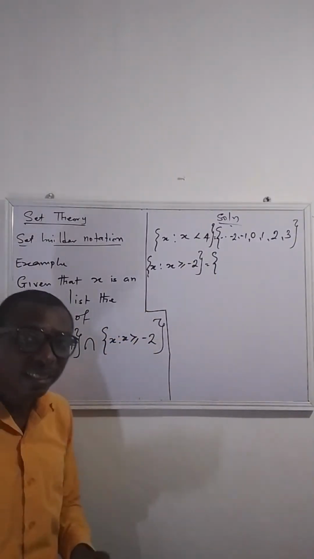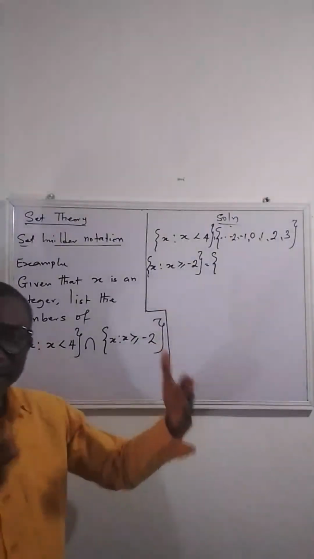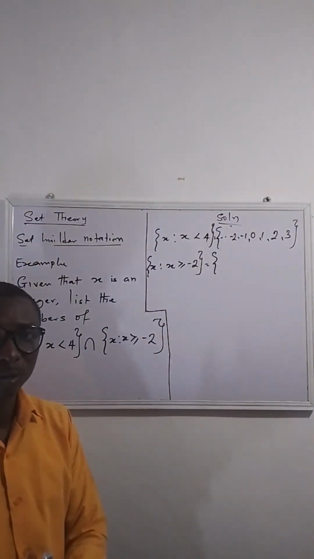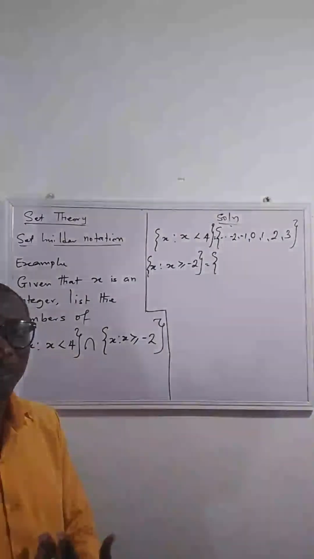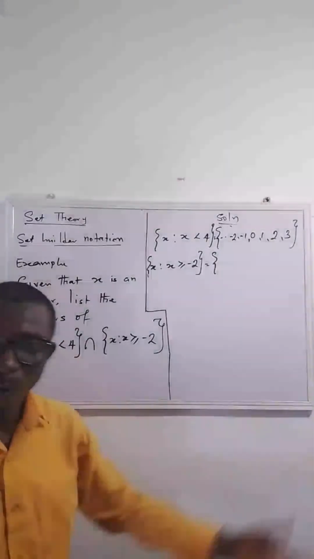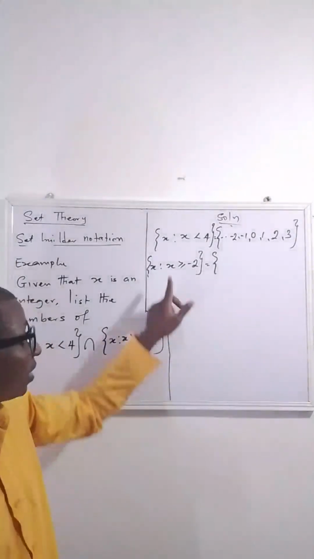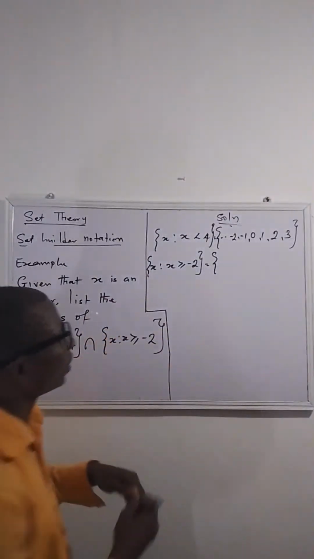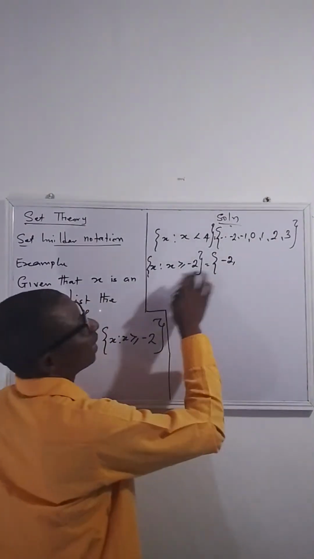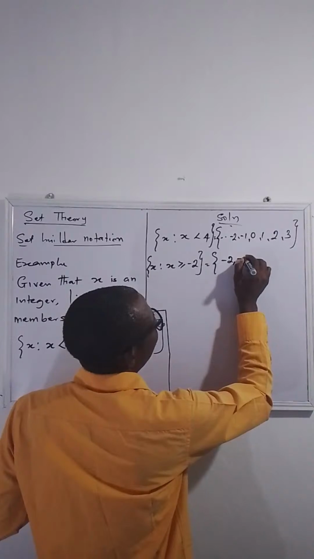Now we want to list integers that are greater than or equals to what? -2. So let's begin to list integers that are greater than or equals to -2. Since it is also equals to -2, we start from -2. Now numbers that are greater than -2, we have -1.